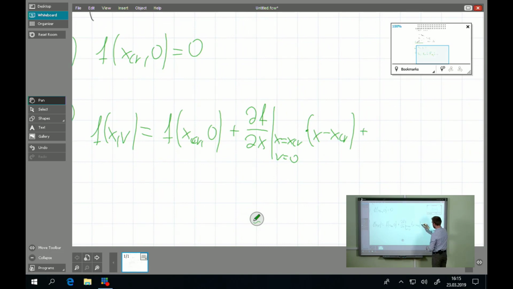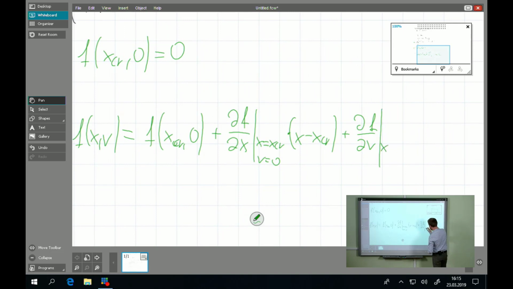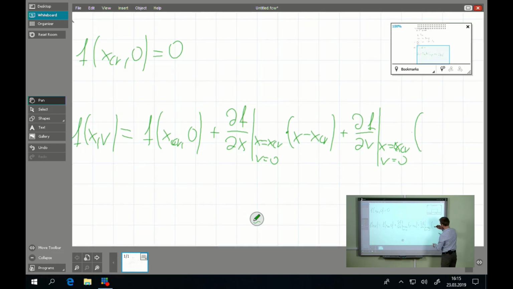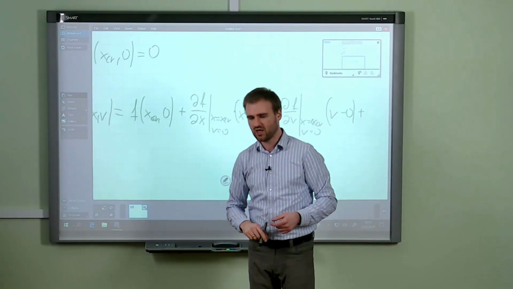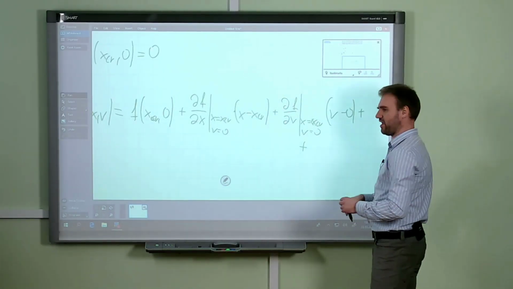And this argument here we have such a thing. And the second term, I mean the second first order term, will be df over dv, again at x critical and v equals 0, times, let's say, some linearization of the argument. I mean, in that case, it will be v minus 0. And of course, if we are talking about the Taylor series expansion of a multivariable function, we remember that there will be a bigger number of terms.